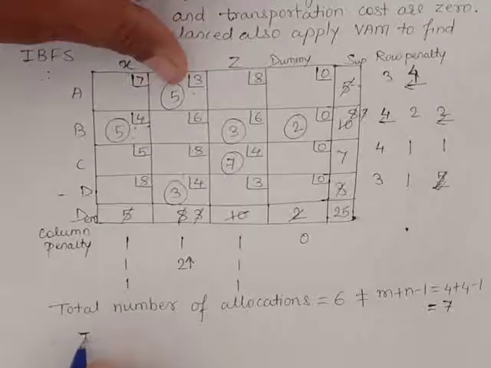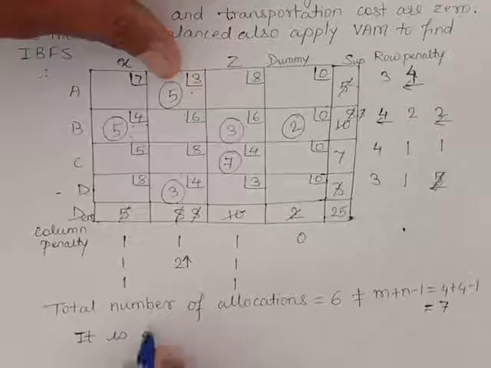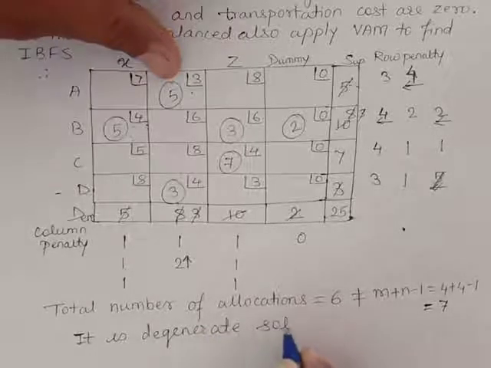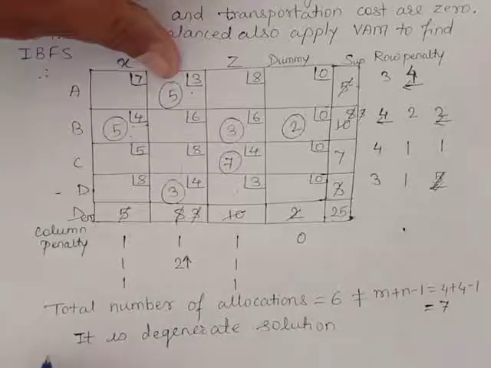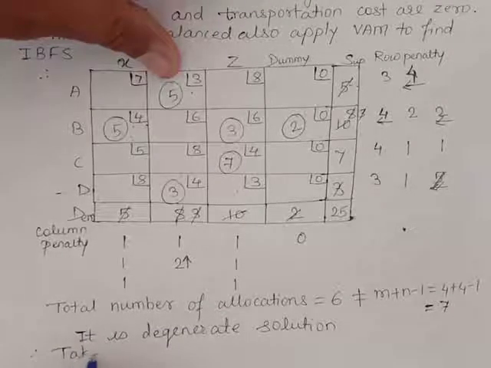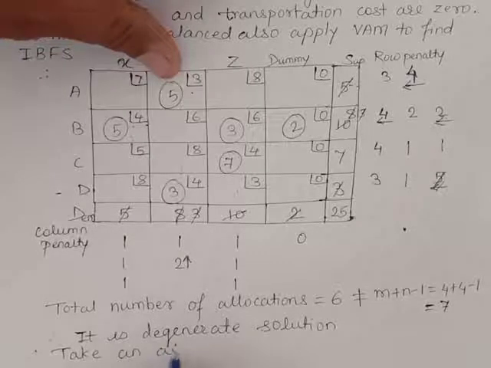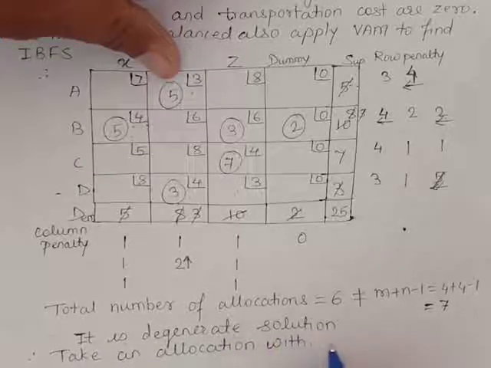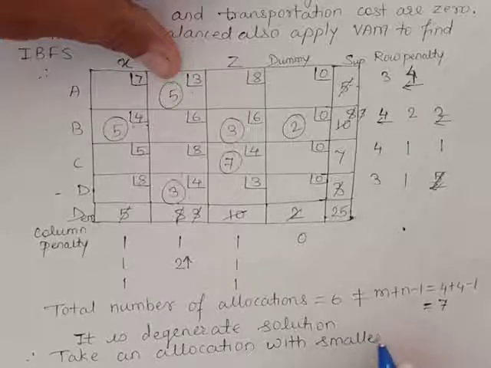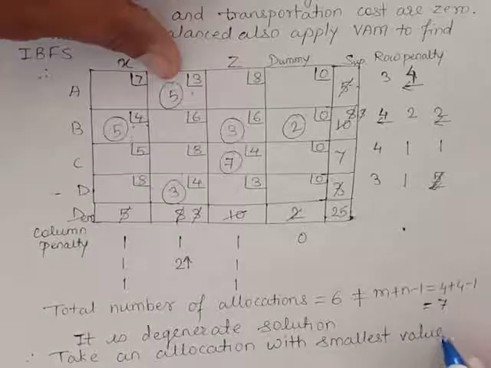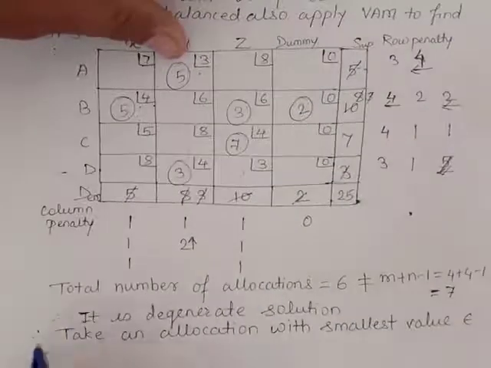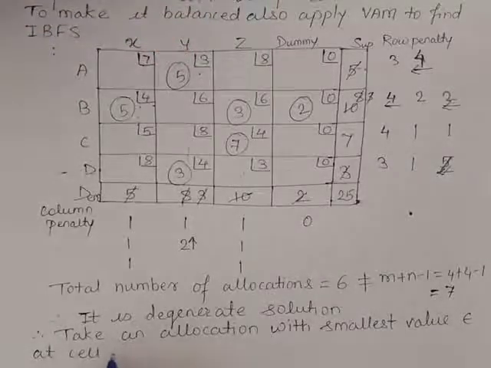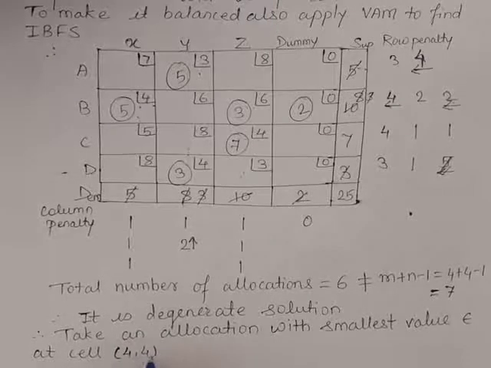It is a degenerate solution. Therefore, take an allocation with a smallest value epsilon at a cell, let's take it at cell 4 4.